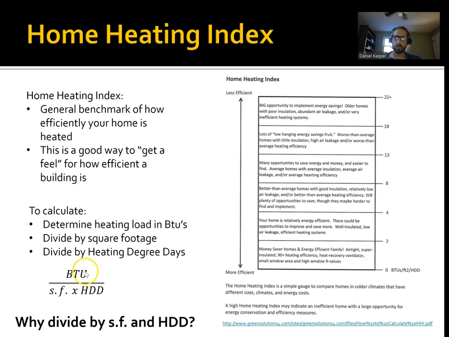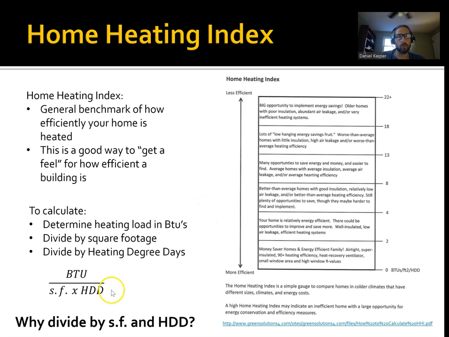All right, so we have BTUs of heating divided by square feet times your HDD. If you think about what this really basic equation does, as the BTUs go up, if you hold everything else equal, the home heating index goes up, right?